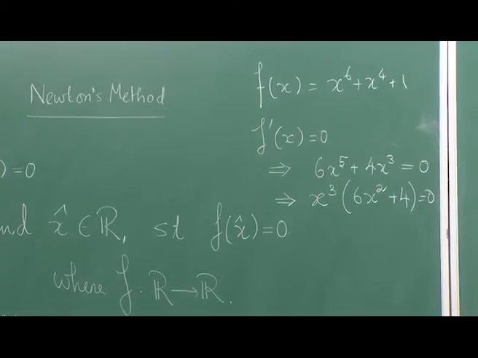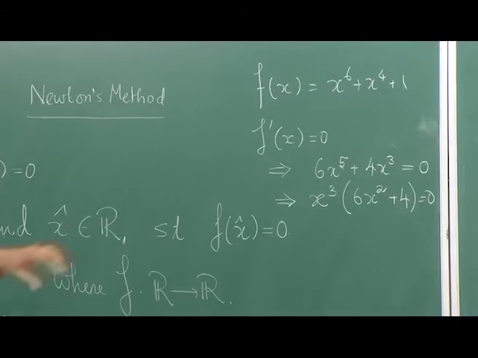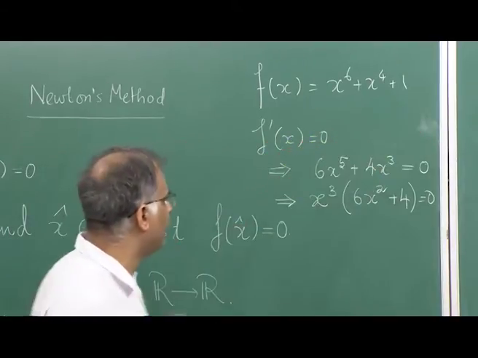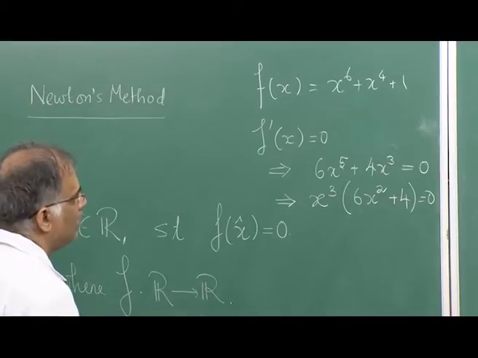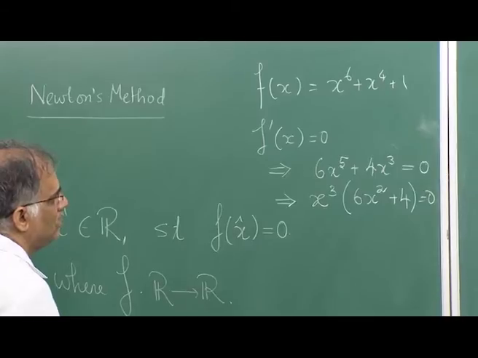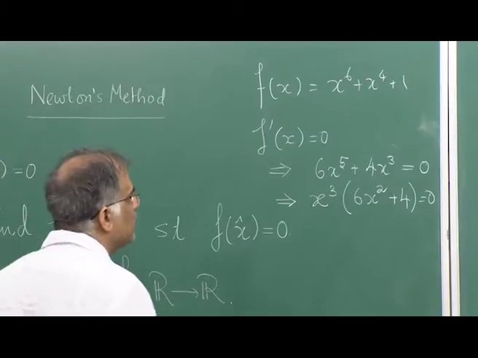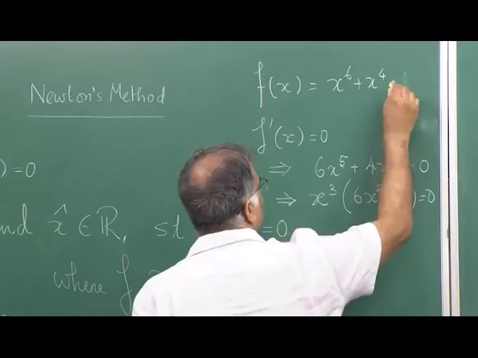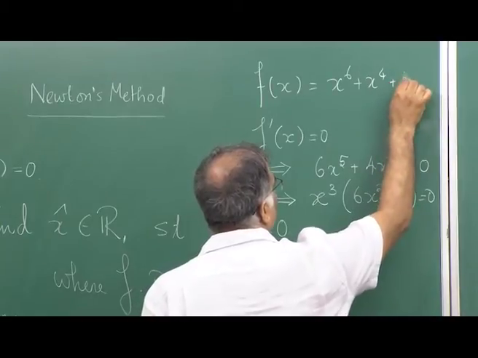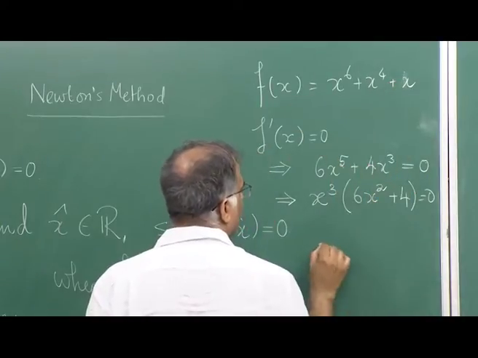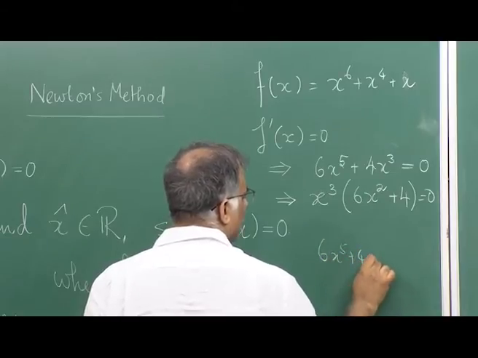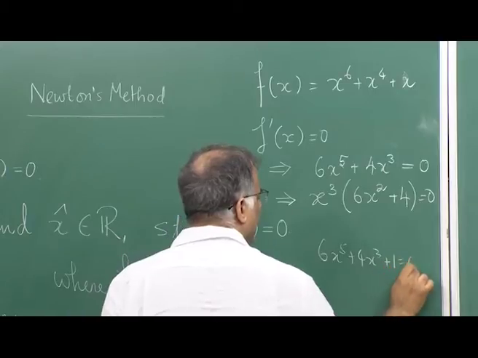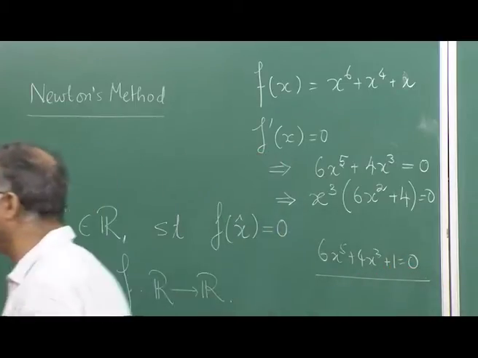Now suppose I had much higher degrees. Suppose I put in other degrees, for example x^8 or x^9 or something like that, and if I put an x here additionally instead of just the constant, then this equation will become 6x^5 + 4x^3 + 1 = 0, and that is it, you are finished.